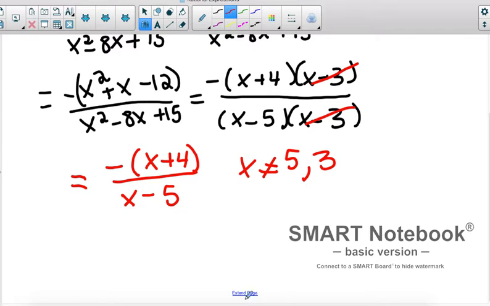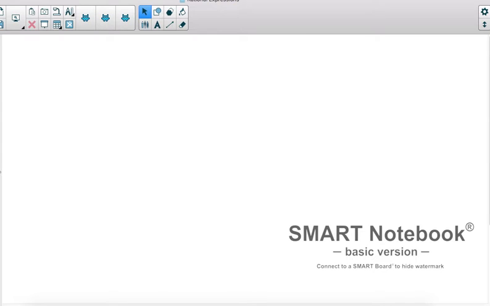Okay, let's do 19. Just gonna do a new page. Okay, 19.